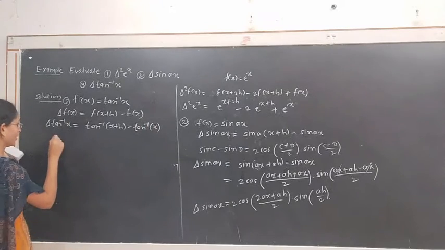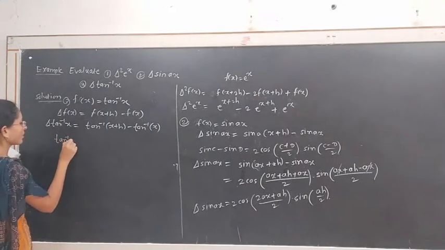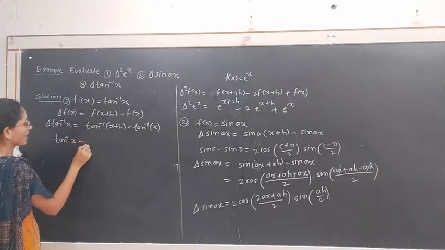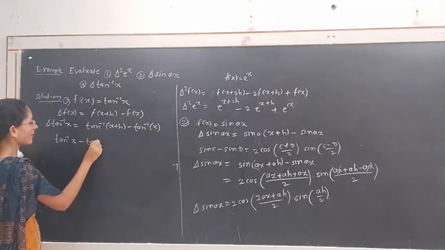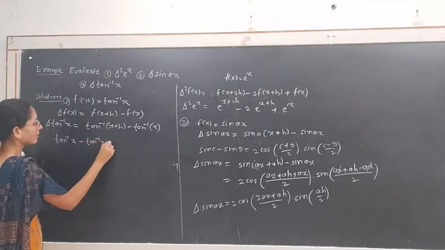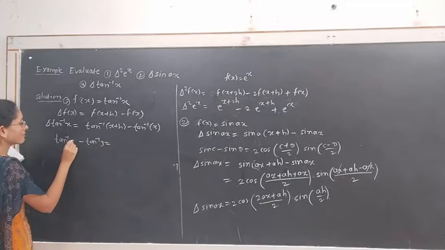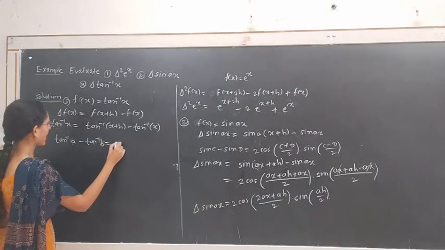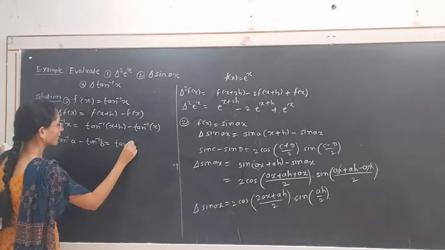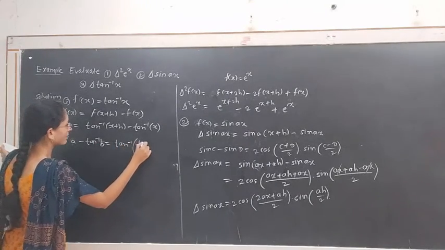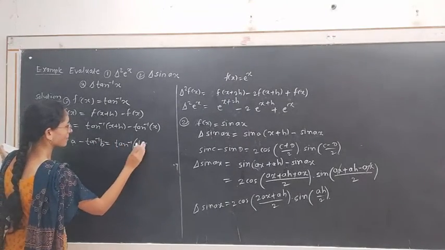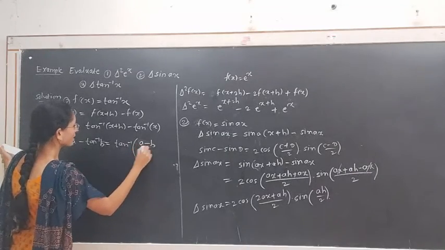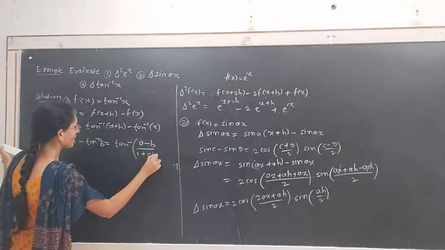Again we know tan inverse A minus tan inverse B is equal to tan inverse of A minus B upon 1 plus AB.